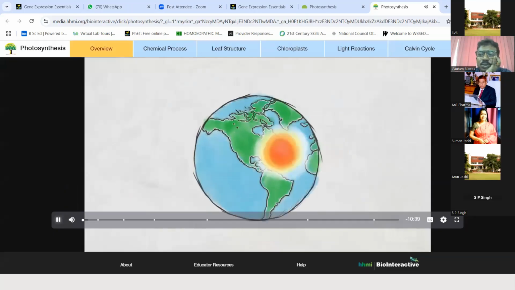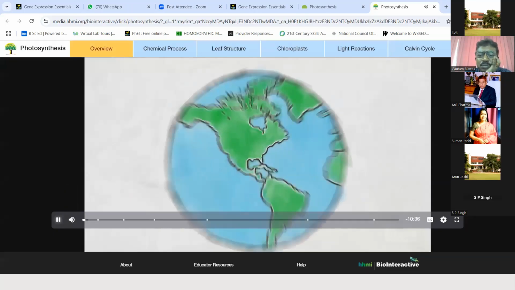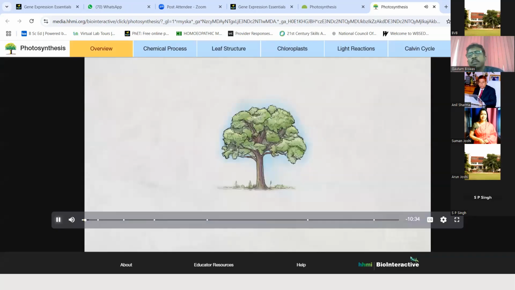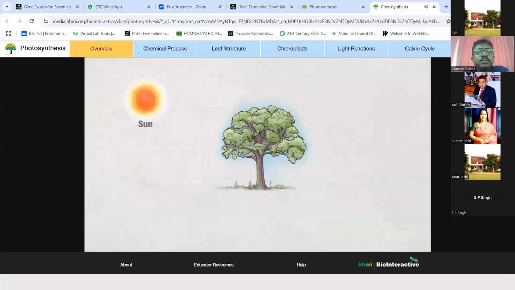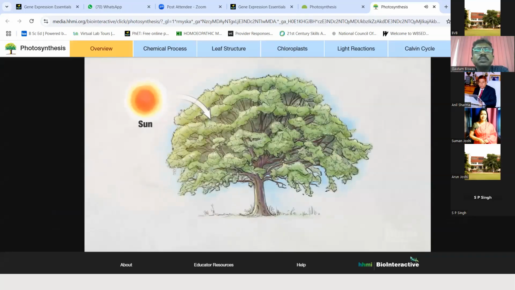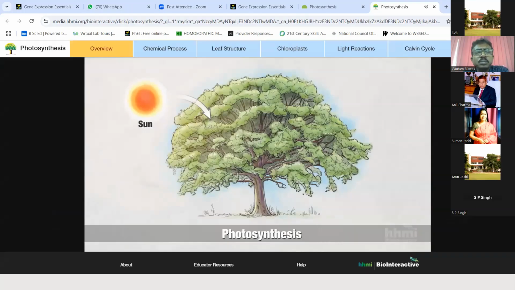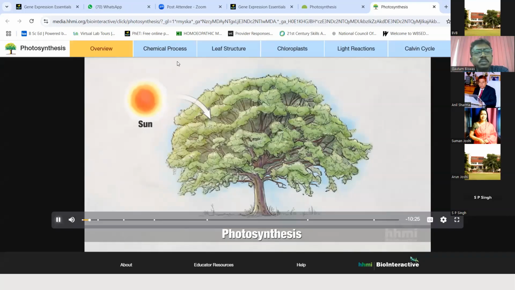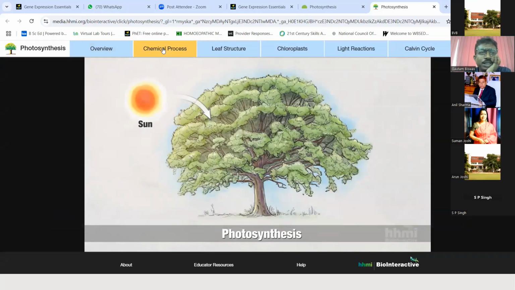Almost all life on Earth is solar powered. Plants. Let's shift and see some others.